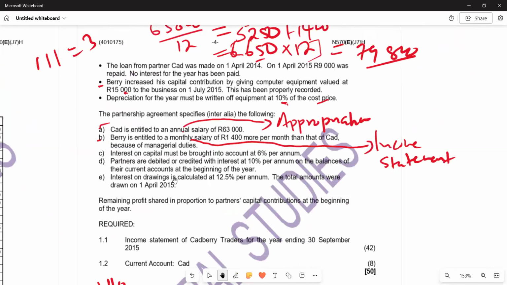We can go to the partnership agreement and try to see if there is any other expense that fits in our income statement. Let's try to find out.